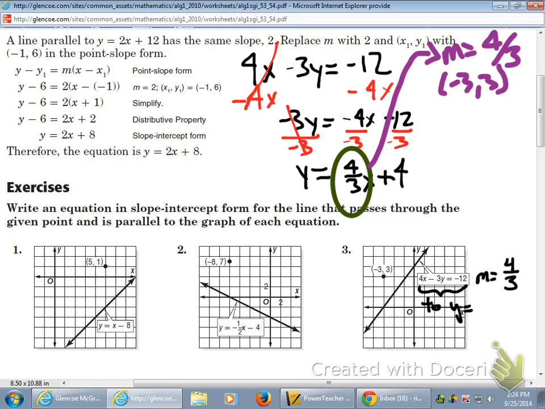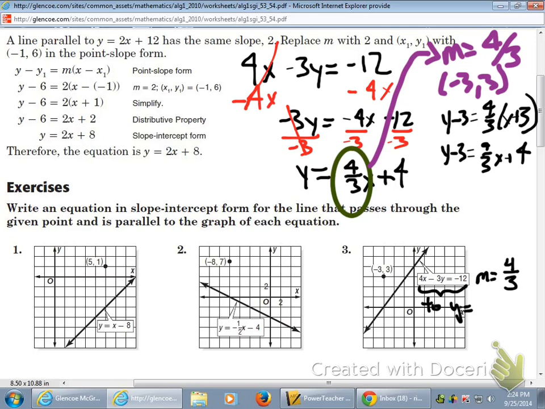And if I have enough room, I'm going to try to fit it in right here. So that's y minus 3 equals 4/3 x plus 3, right? Because you have the minus minus. When you distribute, you'll get y minus 3 equals 4/3 x plus 4.